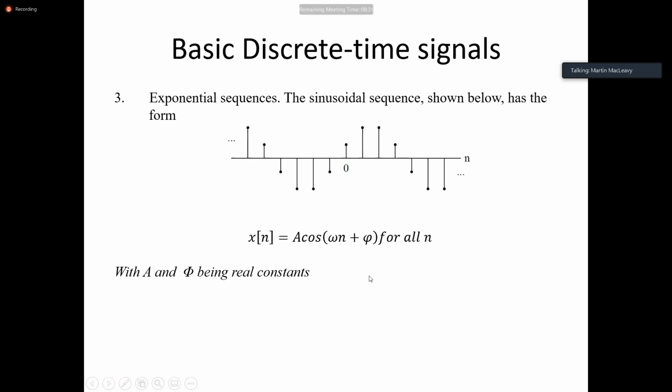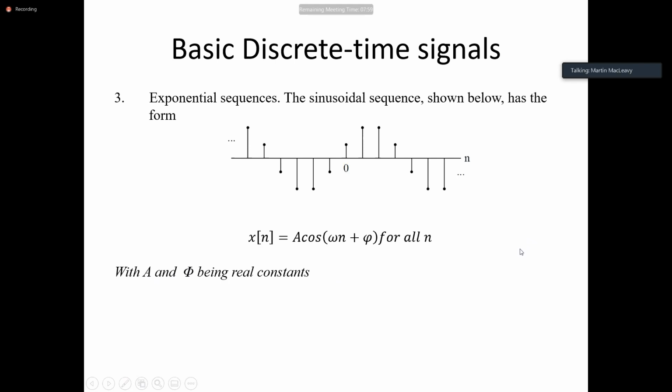This omega is not, in this case, normally 2 pi f, yes. But we'll talk about it as we go along further. There is a little adjustment to be done here with the omega n and your phase shift phi for all values of n, with typically A and phi being real constants.